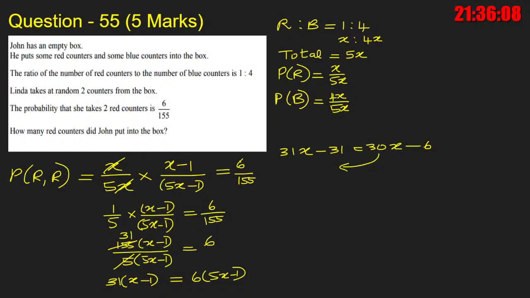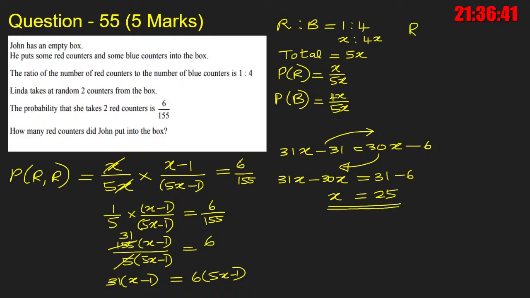Now 30x coming this side is 31x minus 30x, equals minus 31 going the other side, positive 31 minus 6. 31 take away 6 is 25, and 31x take away 30x is x, so x equals 25. x equals 25 is the correct answer for the red.